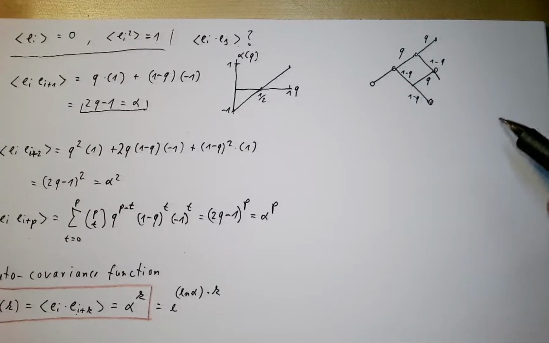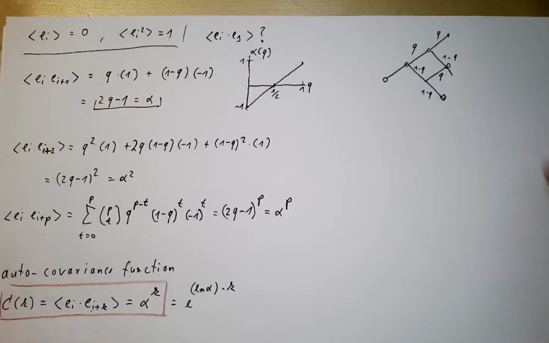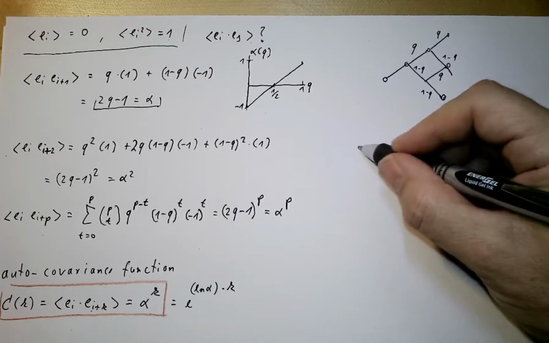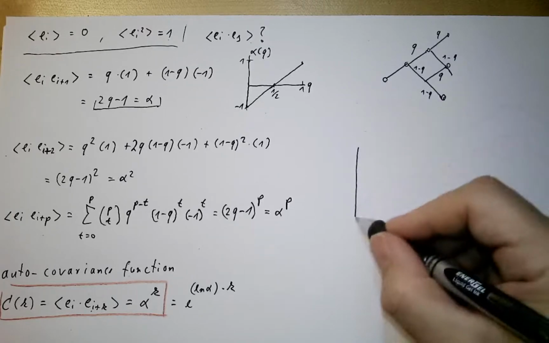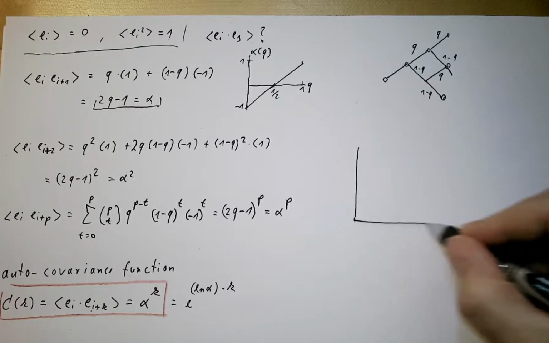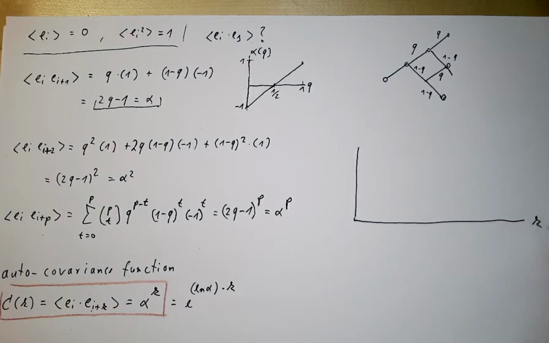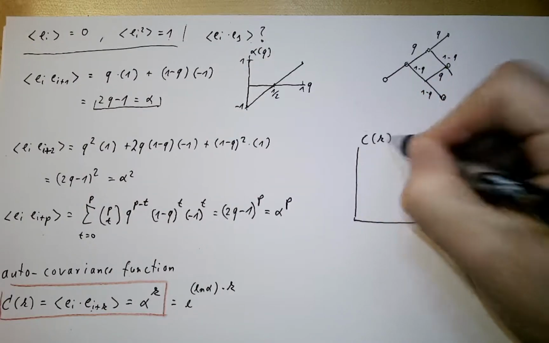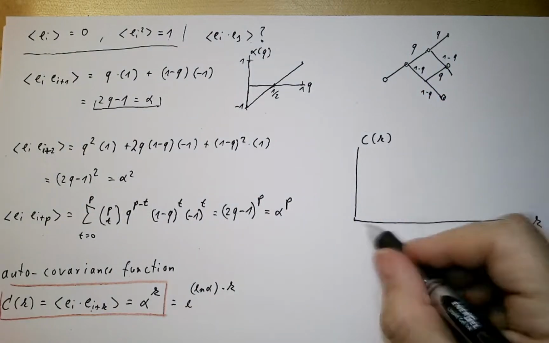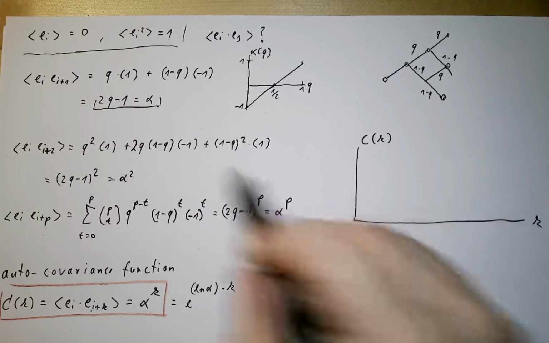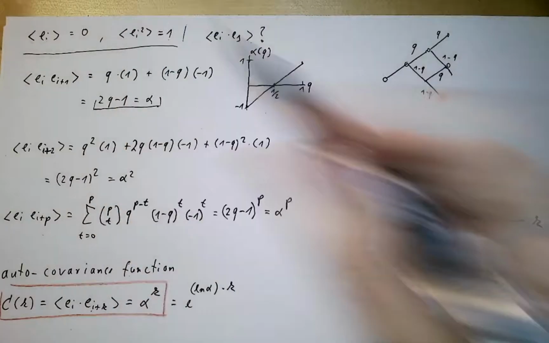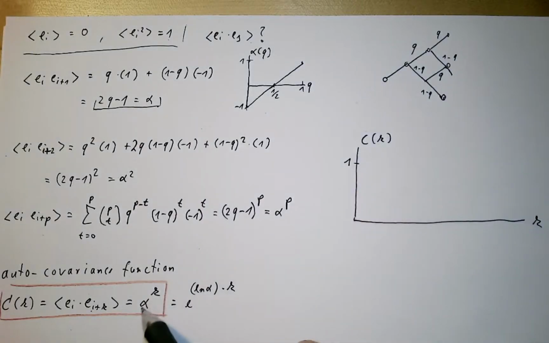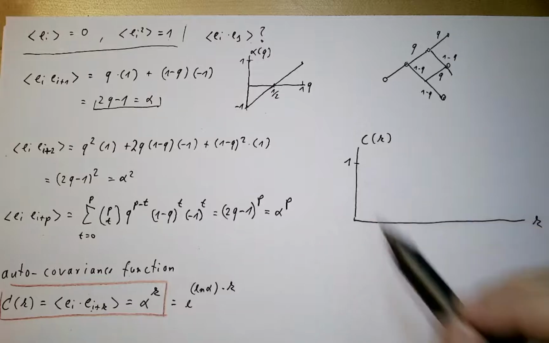Let's plot our autocorrelation, and so here that's our time k, that's our autocorrelation function. So when k equals 0, this means we have here our second moment, that's just 1.